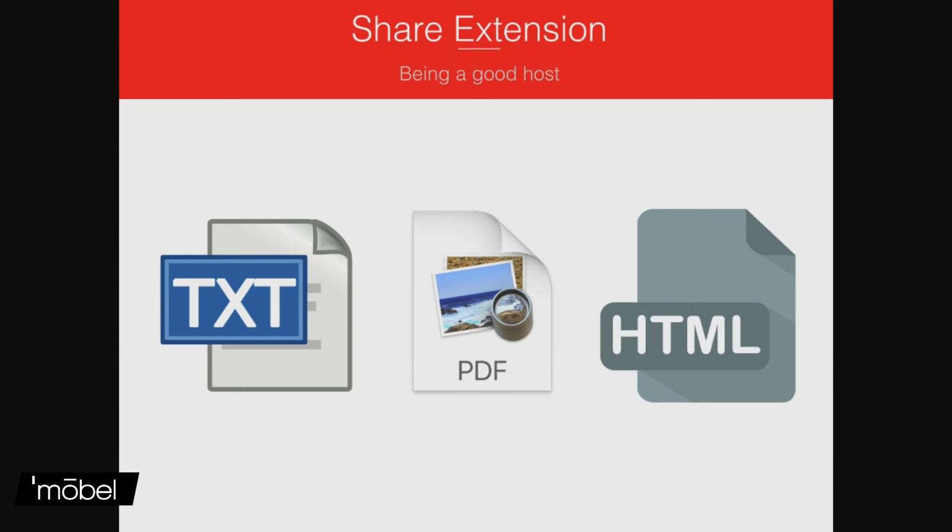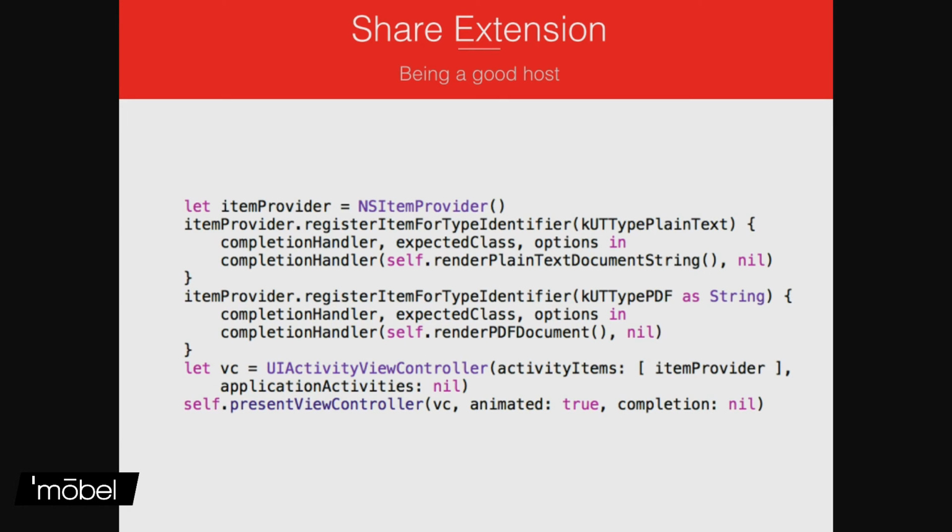So how do we do that? Well, you want to handle as many extensions as possible. That means extensions that handle only text, only PDFs, or only HTML. You have to present the correct format to the correct extension. How do we do that? Well, you make an instance of NSItemProvider, and you register different types. For example, in here I use plain text and PDF.